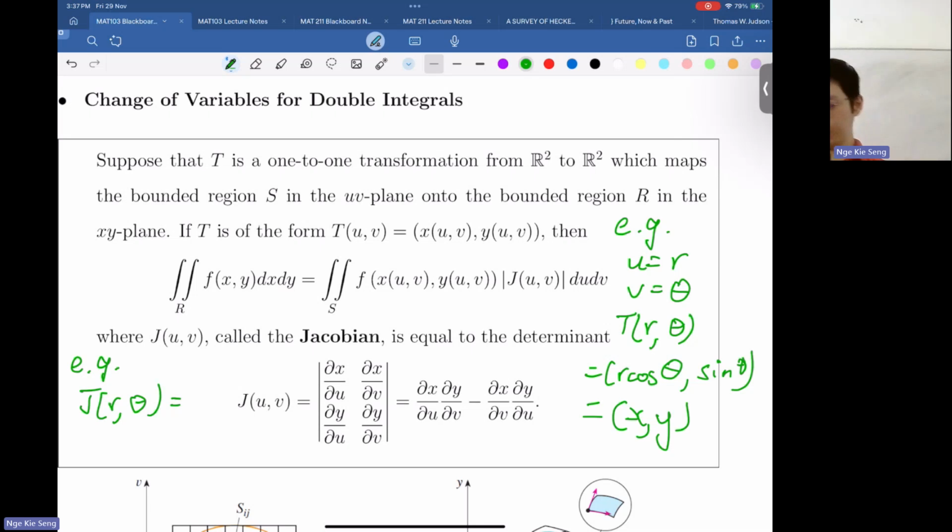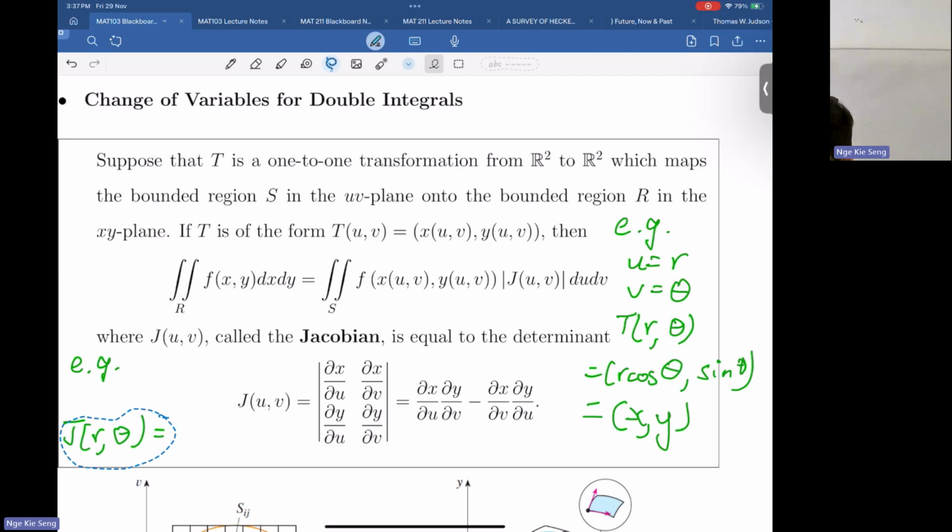Can you compute or not? What are the 4 terms of the matrix? Cos theta, minus r sin theta, sin theta, and then r cos theta.